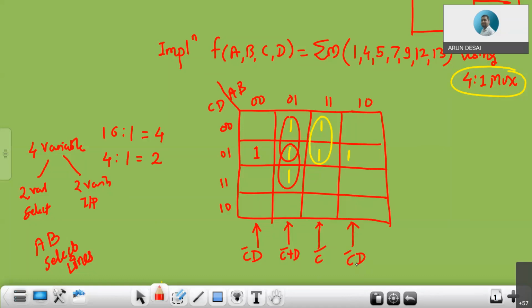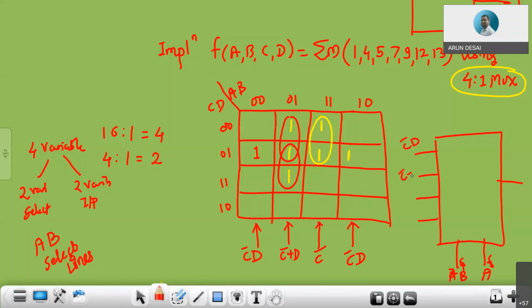So this is how you consider for your multiplexer. Those are select lines S1, S0, treated as A and B, and those are input lines. Input lines are considered as C complement D, C complement plus D, C complement D. And this is your output, right?